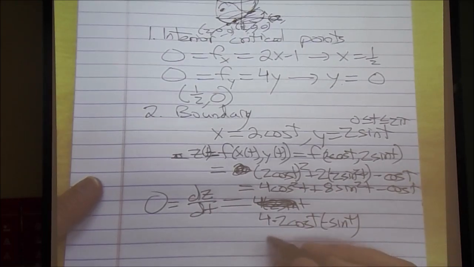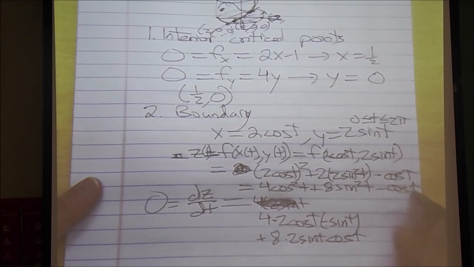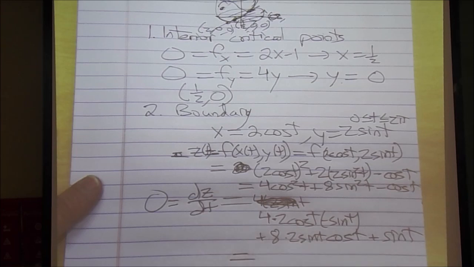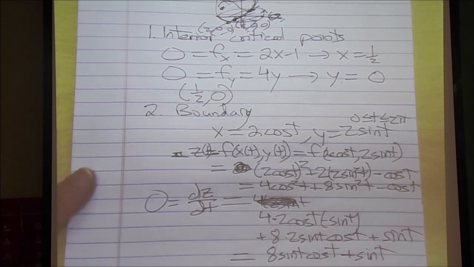For the second term, we've got plus 8 times 2 sine t cosine t. And for the last term, it's plus sine t, since the derivative of cosine is minus the sine. Evidently, this is minus 8 sine cosine plus 16 sine cosine, which is 8 sine cosine, and we add to that sine t.